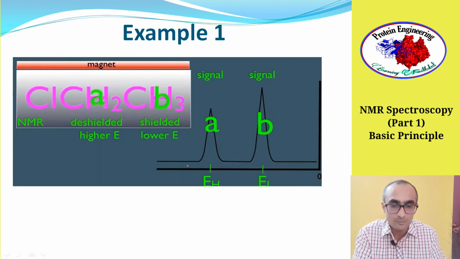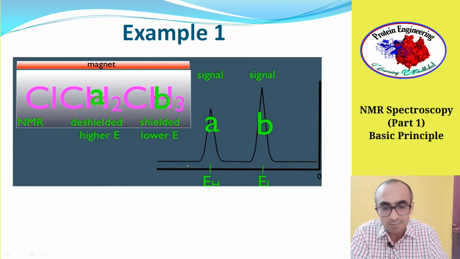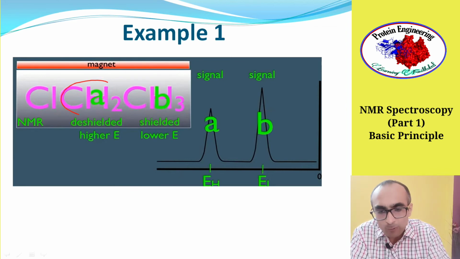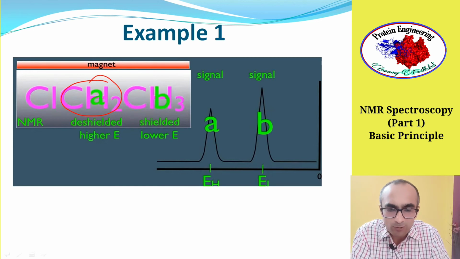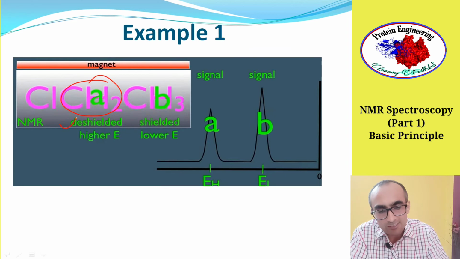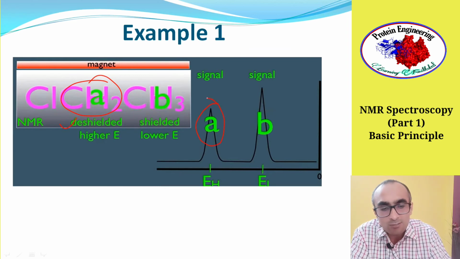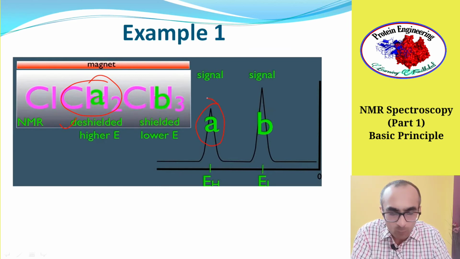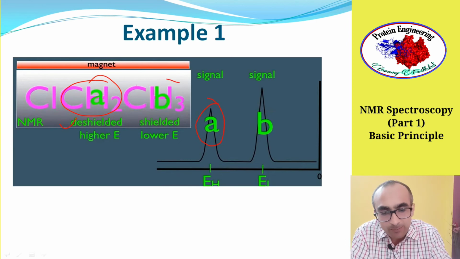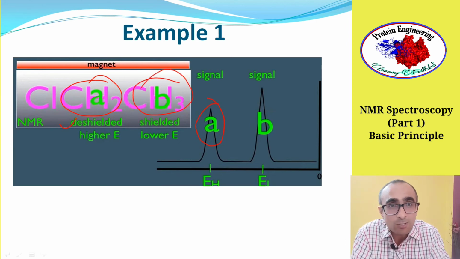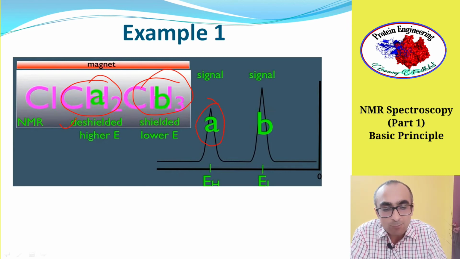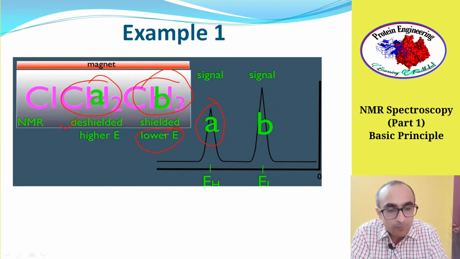So if you plot a spectra, you will see that the A type, as we call them, the methylene group having these A type protons, they are deshielded, they will absorb high energy. So in a spectra you will see a peak more downfield. Whereas the CH3 protons are shielded, they have more electronic cloud in the neighborhood, so they will absorb lower energy and the peak will be more upfield here. So the B peak would be here.